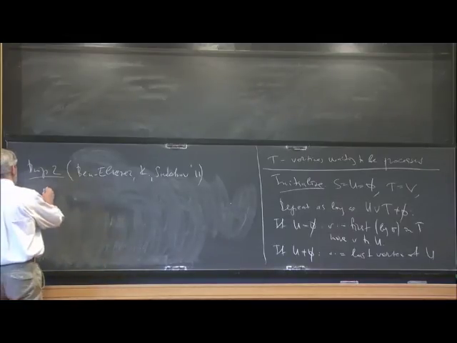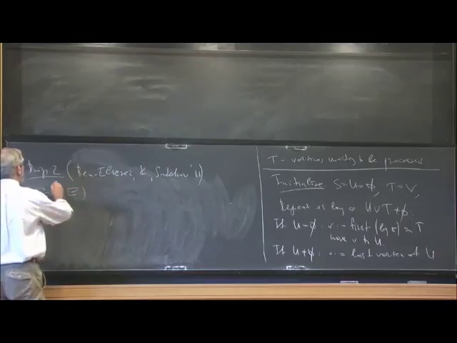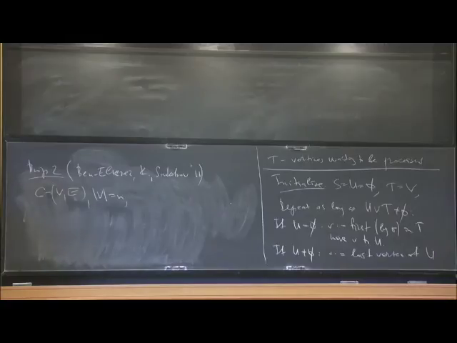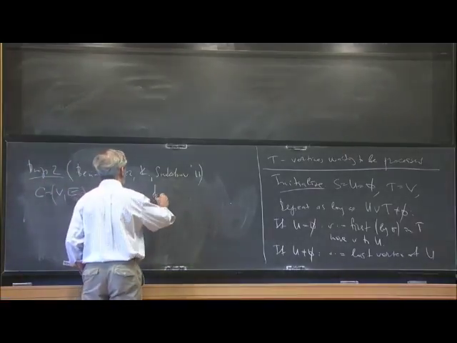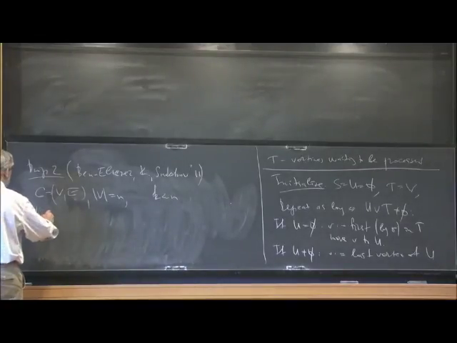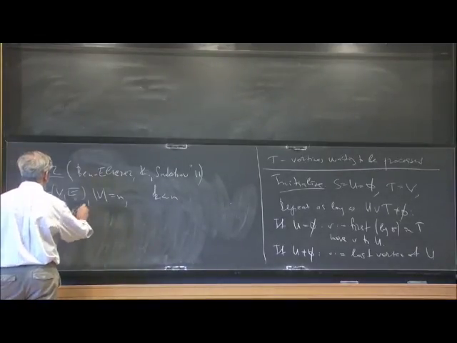So here's my setting. I have a graph G. I assume it has n vertices. And I assume that for some parameter k, which is at most n, G has the following property.